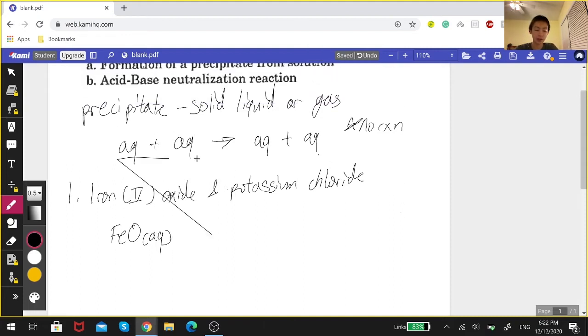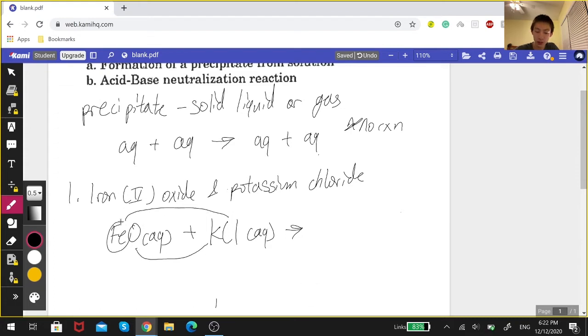In double replacement, the reactants are always aqueous. So it's aqueous plus potassium chloride, KCl, aqueous, yields what? And in double replacement, this is how you identify the products. The outer ones are going to come together, and the inner ones are going to come together.